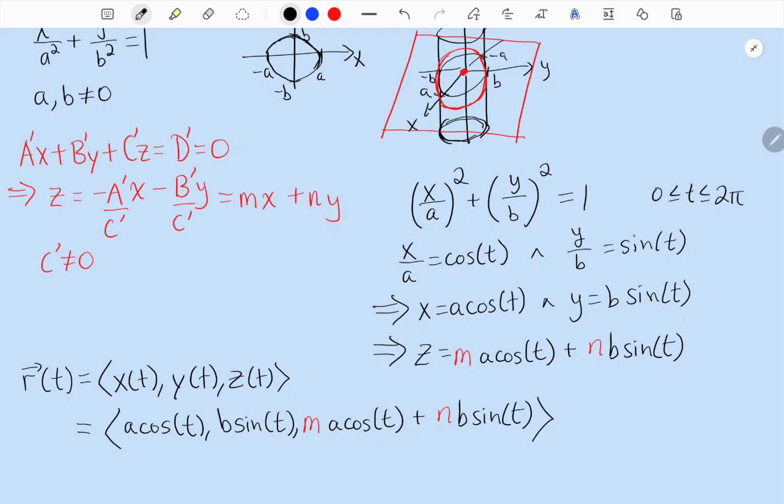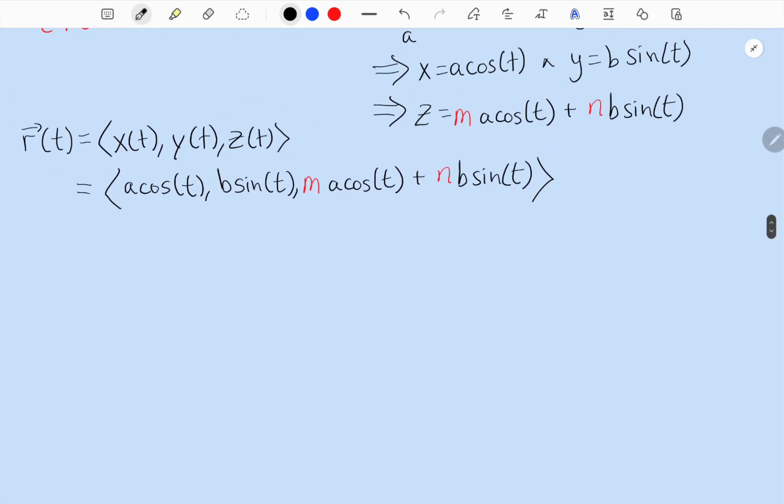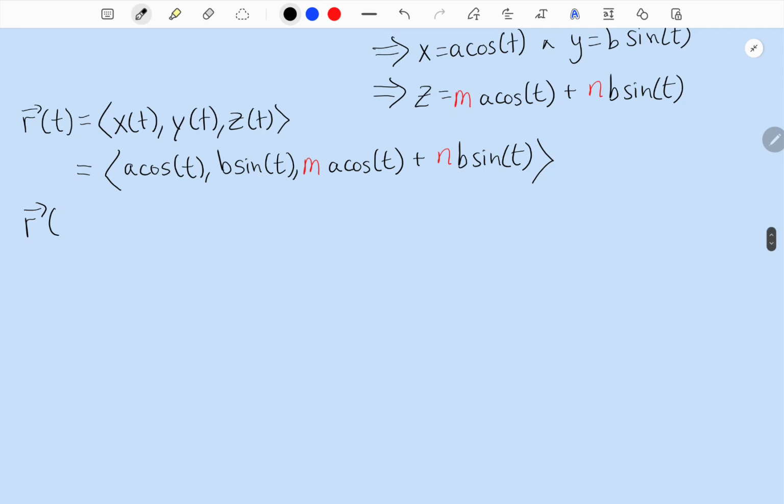Okay, so now what we see here is that we need to make sure that this is going to parameterize a circle, a tilted circle. So what I'm going to do here is find some position vectors. So I'll start with r of 0.